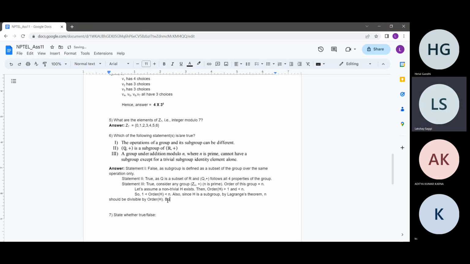But n is prime, right? We are also given that n is prime. We have to use that fact. Hence, what is a prime number? A prime number is some number which has only the divisors 1 and the number itself. So it only has the divisors 1 and n.